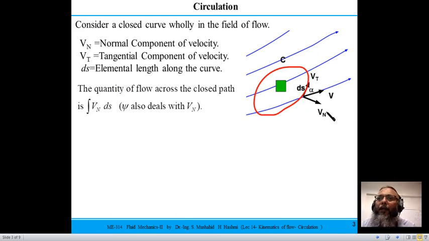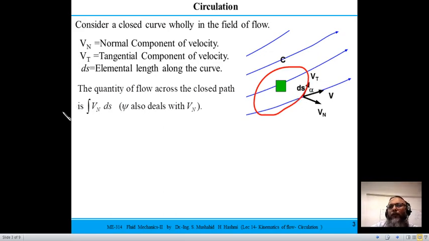If you take the differential length and the normal component of the velocity, that gives what is coming out through this differential element.